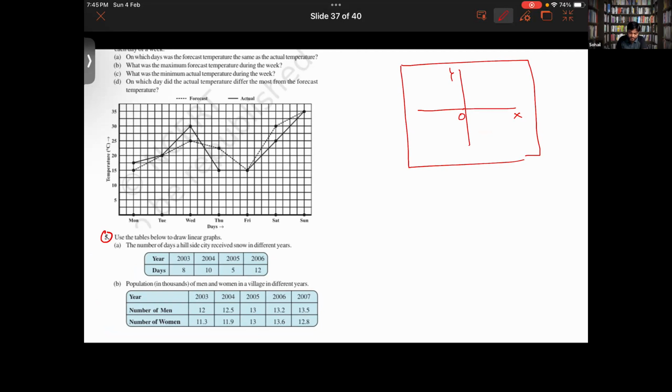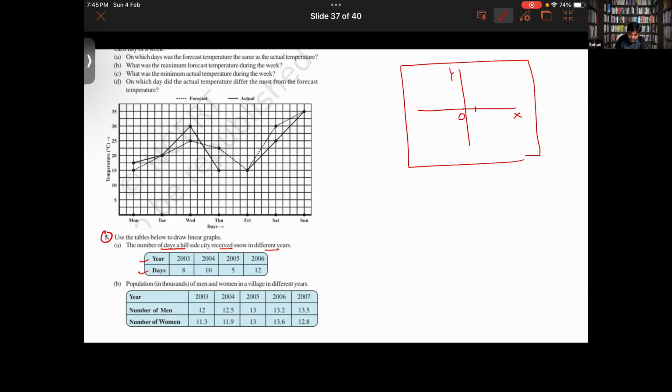So look here, it's shown that years and days are given here, and you have to draw a linear graph where you have to show the number of days a hillside city received snow in different years. So in different years, how much snow was received? For how many days was snow received in that hilly area?